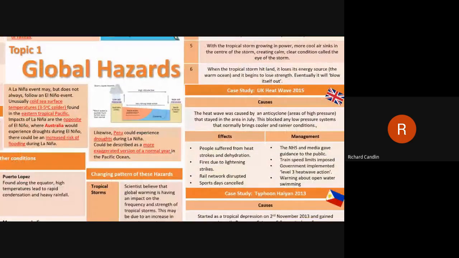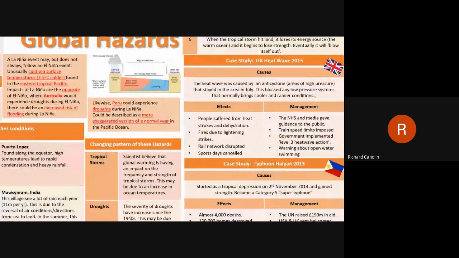We've got a little example here, one of the individual case studies. I know this is quite obvious, but when it gets really hot, and it's been getting hotter and hotter over recent years, one of the examples we've got here is a UK heat wave, and usually it's younger people and older people that are more vulnerable.